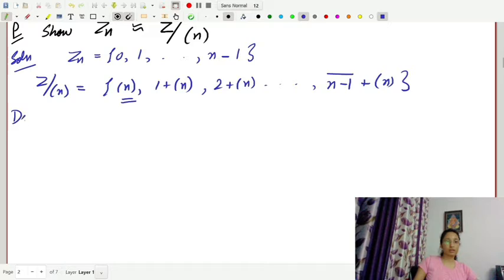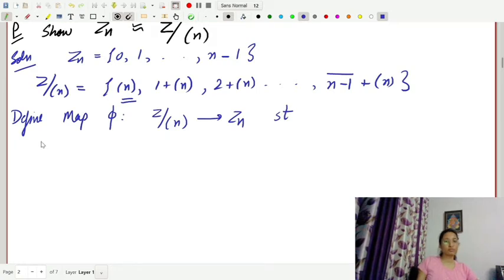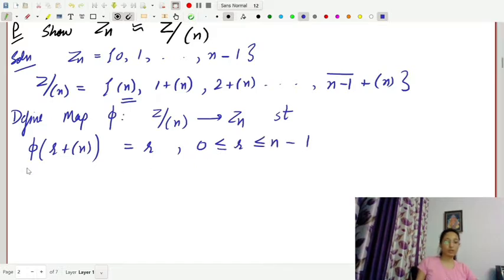Define a map phi from Z over <n> to Zn such that phi of r plus the ideal generated by n is equal to r, where r is greater than or equal to 0 and less than or equal to n minus 1.